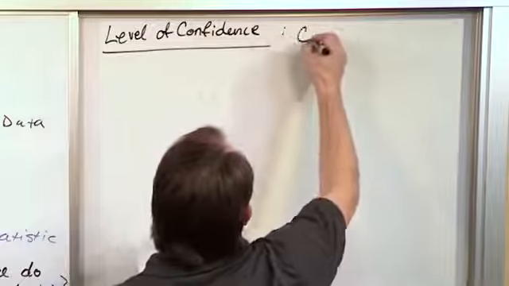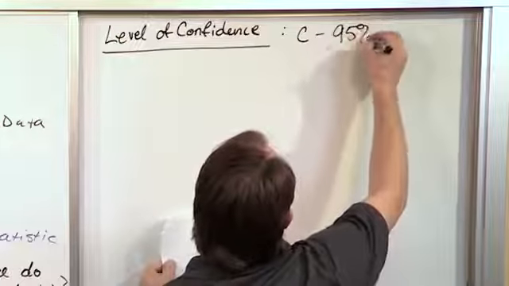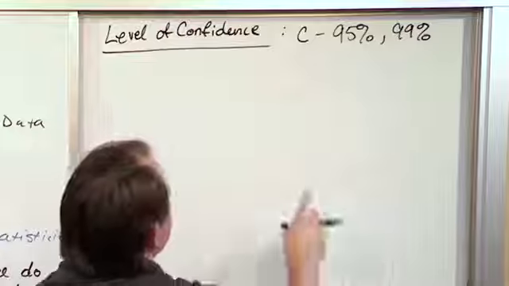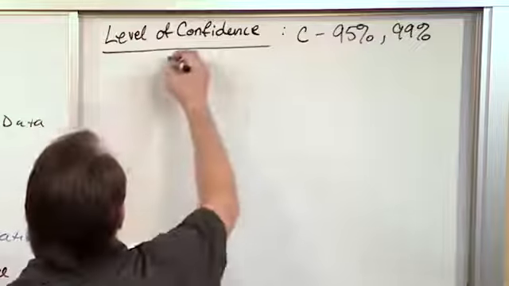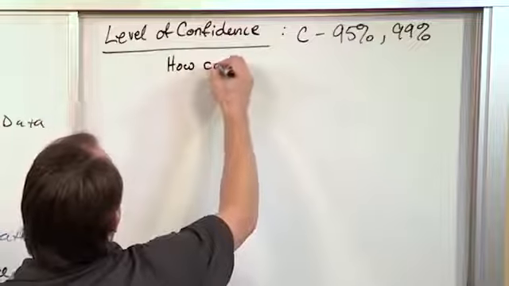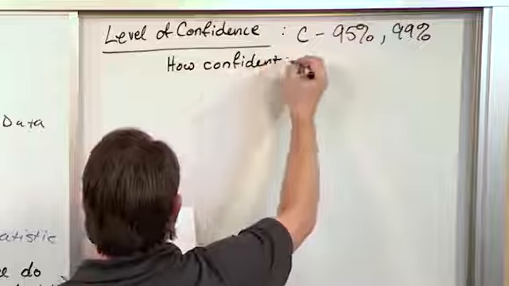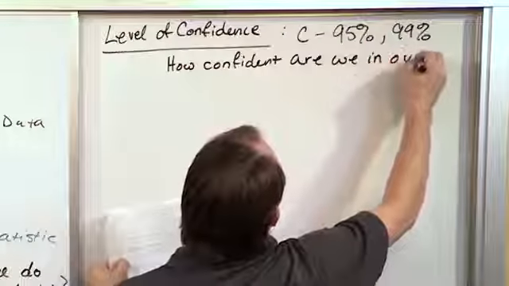The variable is what we call C, and you might say that C is 95%, or maybe 99%. Of course, when we use C in calculations, we use the decimal form, 0.95 or 0.99. But basically, it's how confident are we in our decision.